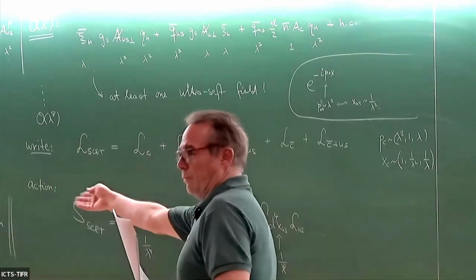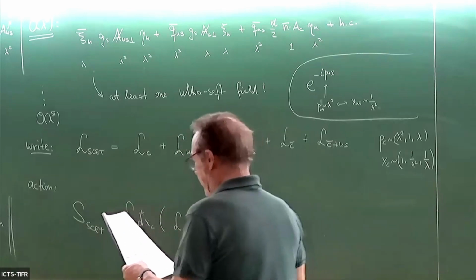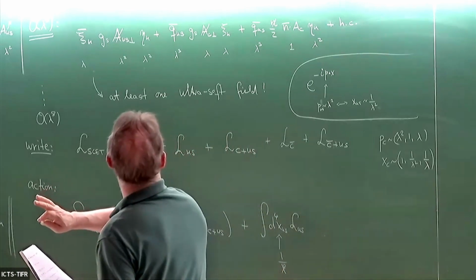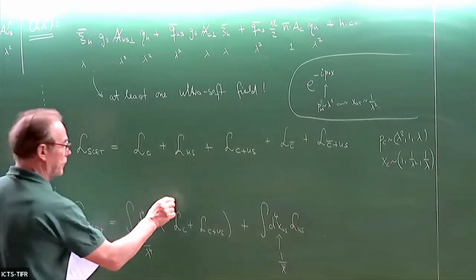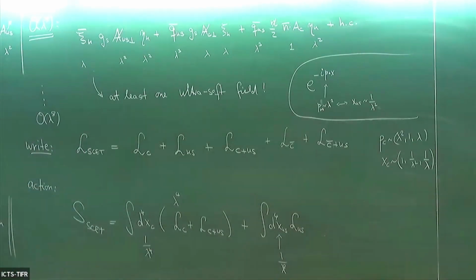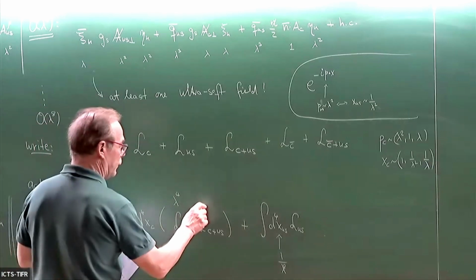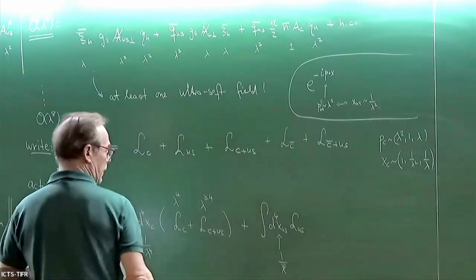And you will see why that is reasonable in 1 second, if you allow. Just wait a second, please, because I just want to finish this argument. So the purely collinear Lagrangian we thought was lambda to the 4. The interactions with the ultrasoft, actually the first such interaction is here. So it also starts at order lambda to the 4, but actually it can be bigger than or equal to 4.